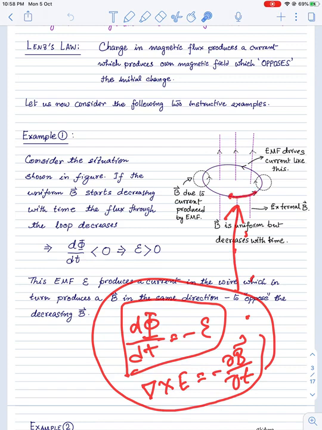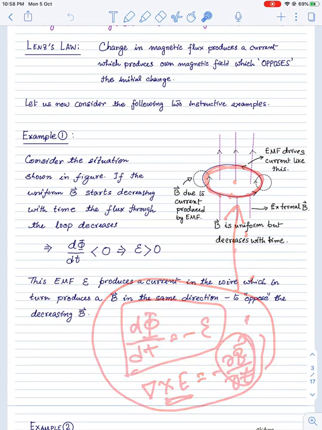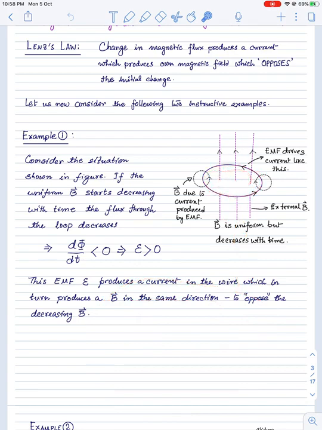Okay, in this example, this is exactly what is going on. There is a magnetic field which is changing with respect to time, and this magnetic field is generating an electric field along this loop. It is also generating an electric field along any other loop, but the magnetic field is generating some electric field along this loop.